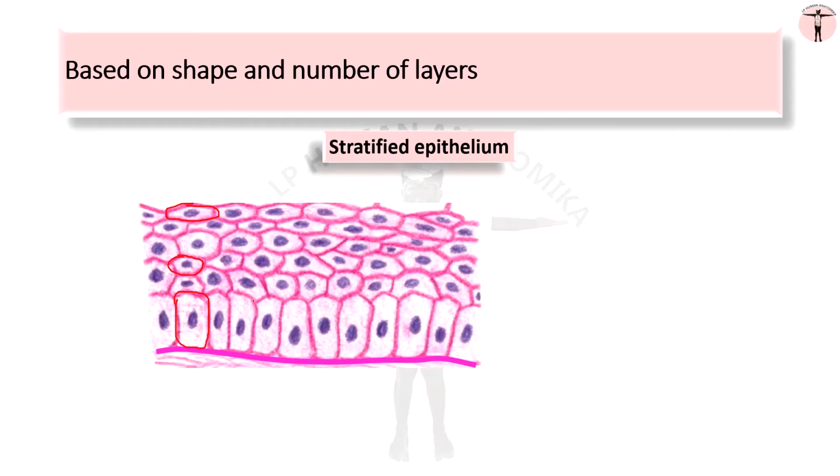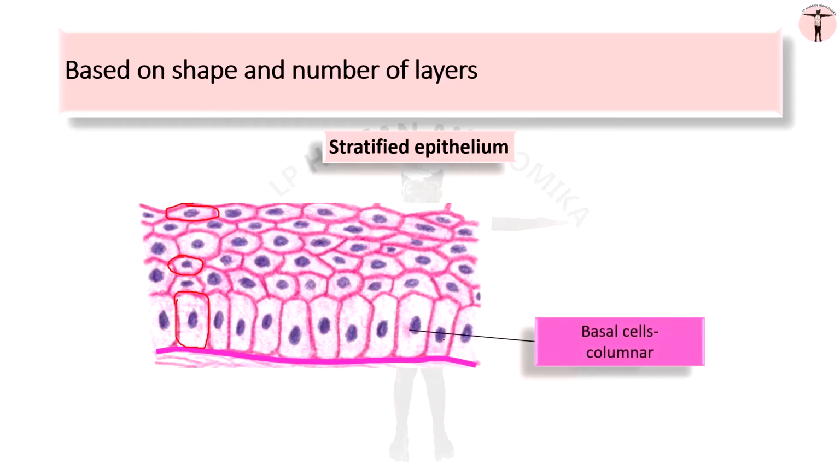The shape of the cells forming the surface layer and the number of layers are utilized in categorizing the stratified epithelium.